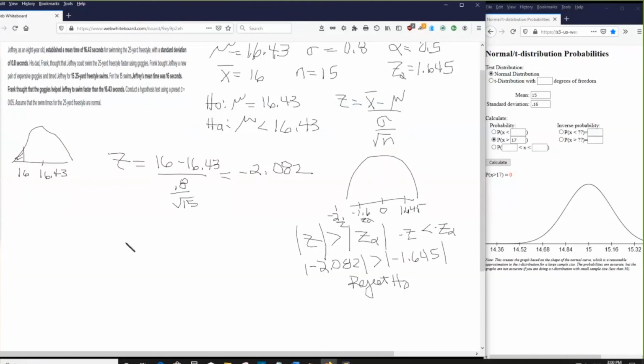Then we can find our p-value by plugging in the probability that x is going to be less than minus 2.082.